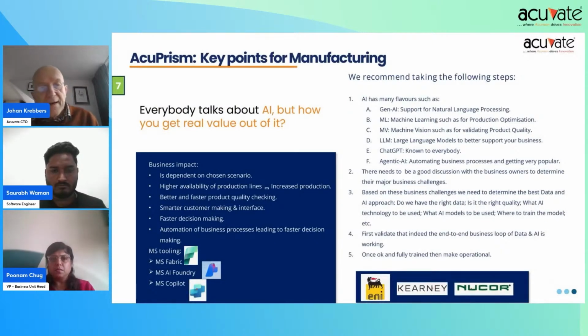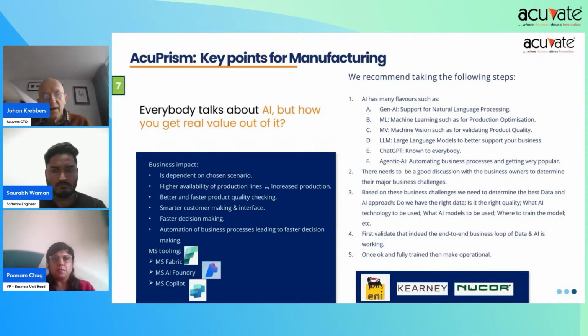And talk about AI. AI, of course, has many flavors. We spoke about some of them. You can talk about Gen AI, agentic AI, machine learning, machine vision. People talk to you about large language models, and about small language models. So there's a whole variety of different solutions and AI capabilities, and often people don't see what should be used when. So we have a good understanding of all these capabilities. When should you use machine vision? When should you use machine learning? What are the benefits for you?